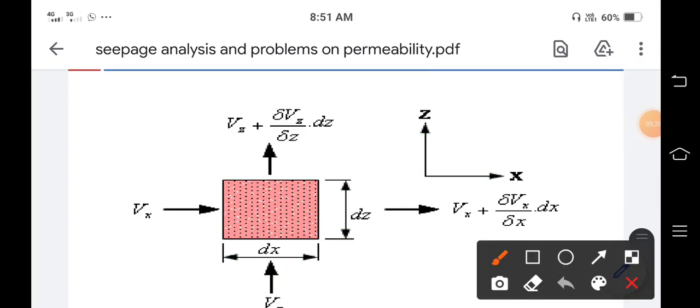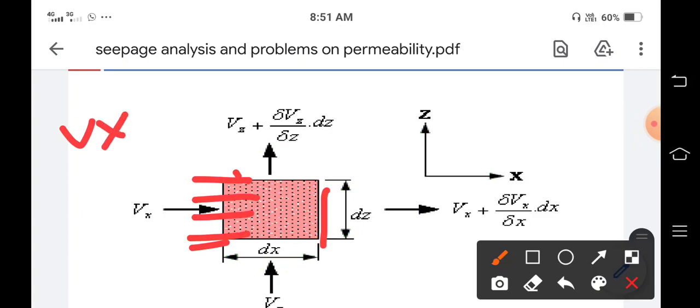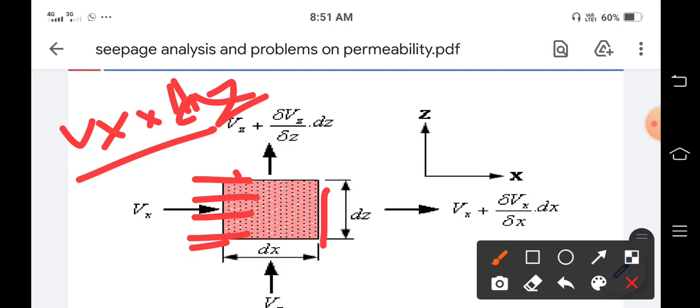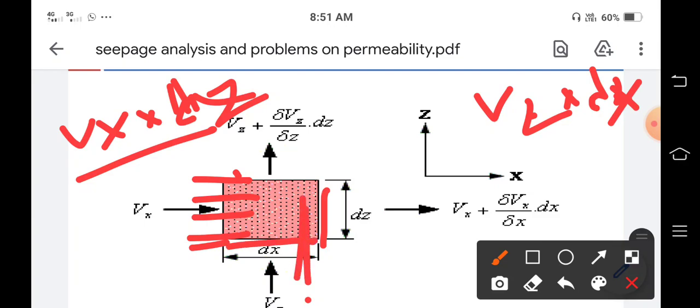While entering, this whole area gets covered, that is phi x into dz, that is quantity into dz. This is one direction, and in the second direction it will be phi z into dz into dx, because it is entering this whole area of size dx, because this size is dx.